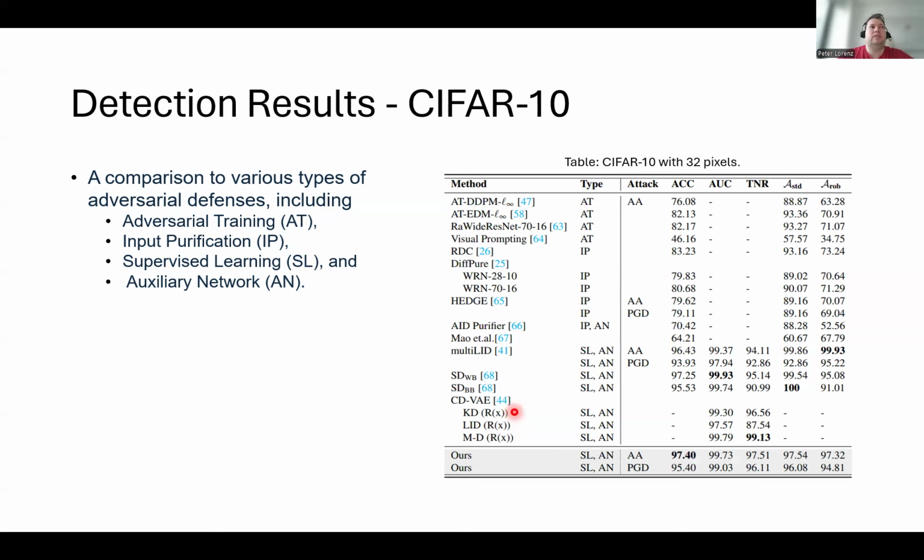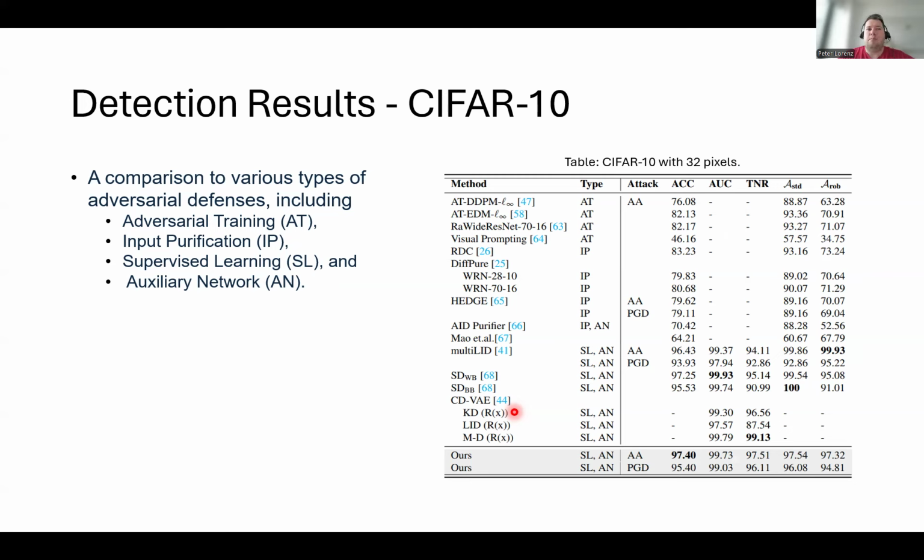Comparing defenses is very difficult because it depends on the focus, and there are different types of defense methods. We listed there adversarial training, input purification, and supervised learning, which usually use auxiliary networks.